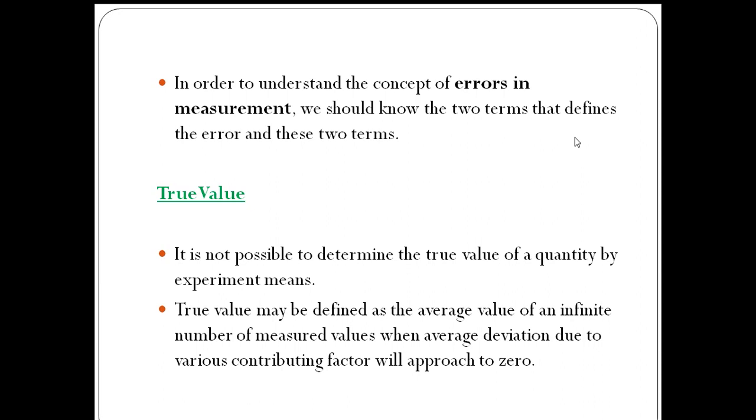In experiments, we are doing many measurements and, by taking the average, we calculate the true value. It is not possible to determine the true value of a quantity by experimental means.